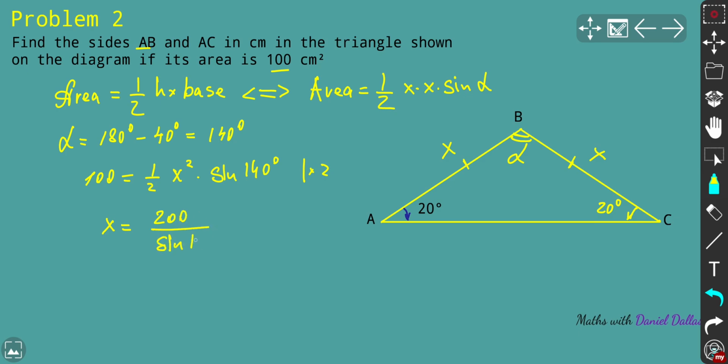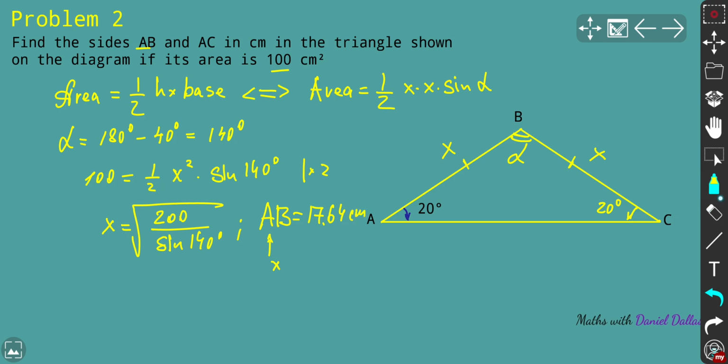You can calculate each term on the run, like sine 140 and 100 divided by 1/2, as you like. If you simplify, you'll get the final length for AB: x is about 17.64 to 2 decimal places, in centimeters.